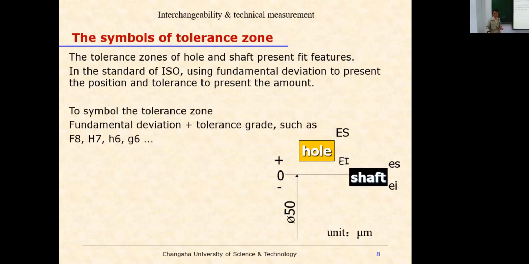I mean, you know this one, right? F8. The 8 is the tolerance grade, IT8. So the F is up. This is the hole, right? Yeah.